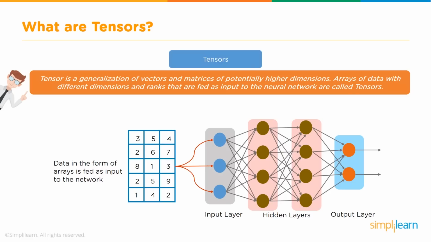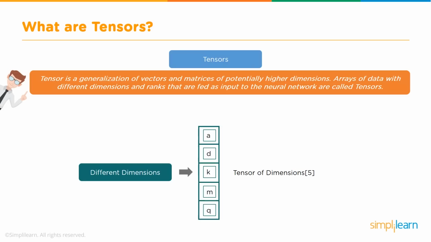And so tensors offer a very nice and compact way of storing and handling the data during computation. This is not really for storing on your hard disk, but in memory when you're doing the computation, tensors are very handy in keeping the data compact, because they are like multi-dimensional arrays. So the data is stored in tensors, and then it is fed into the neural network, and then you get the output.